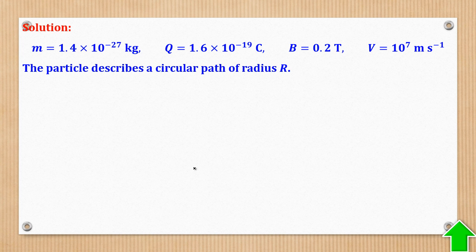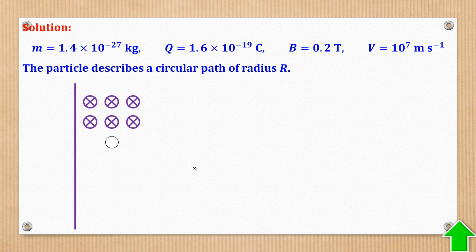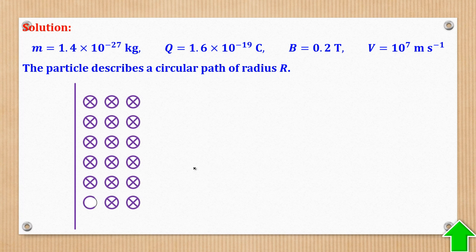And the particle describes the circular motion of radius r. So let's see how that happens. We are just redrawing the given diagram. Then after drawing it, we shall show the path taken by the electron.